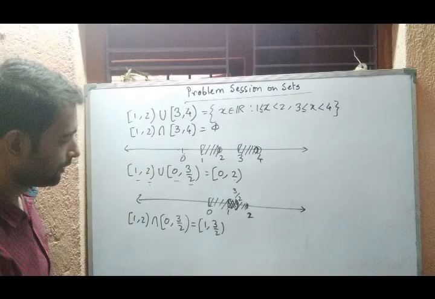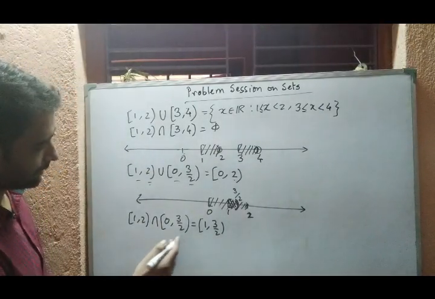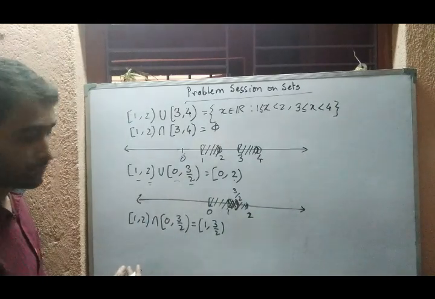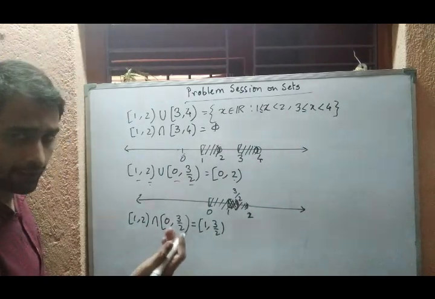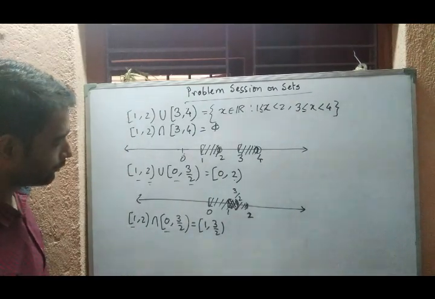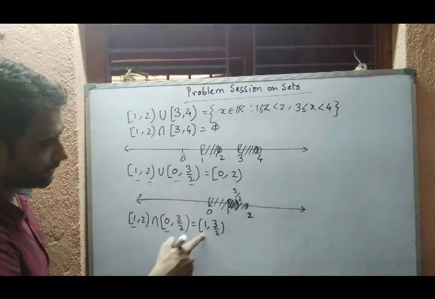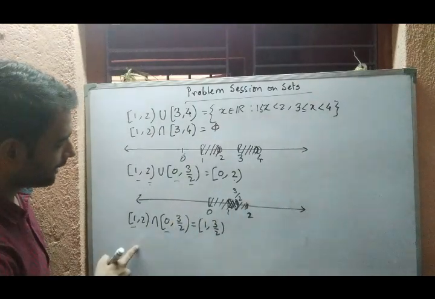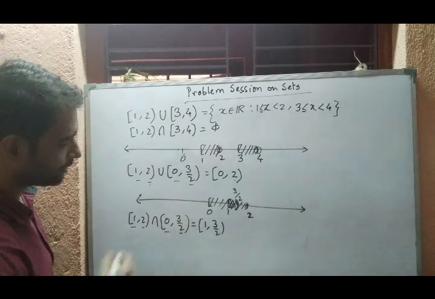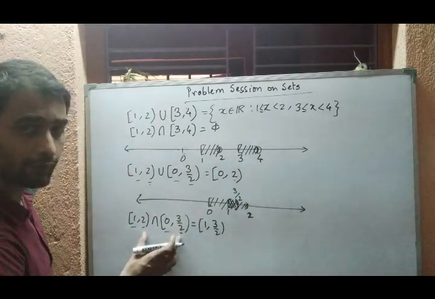And for the case of intersections, for the left-hand side we take the maximum of the left-hand points of the given intervals. Here the left-hand points are 0 and 1, and 1 is the maximum, so 1 is coming here. And for the right-hand points, we take the minimum of the right-hand points of the given intervals.